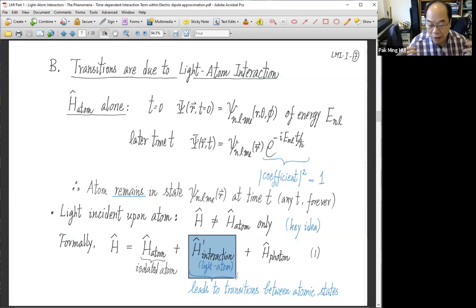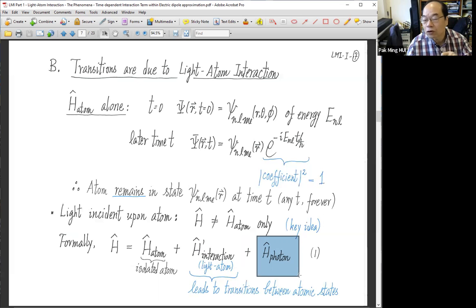Even more formally, within quantum field theory, we should even include a term that has to do with describing the EM wave quantized part, the so-called photon Hamiltonian. We are not going to write it out formally because that is beyond the scope of our course. We need to quantize the EM field. Nonetheless, it is very easy to grab the big picture.